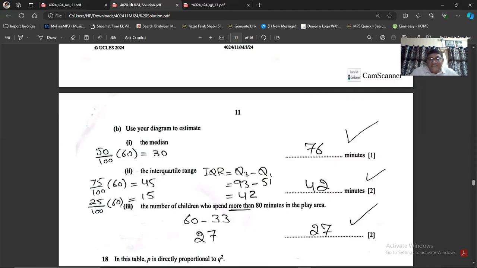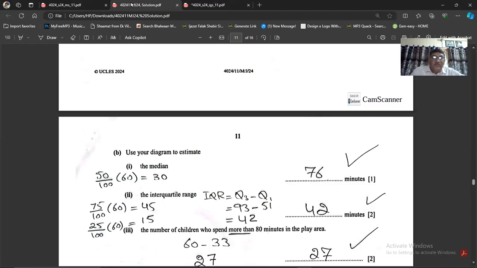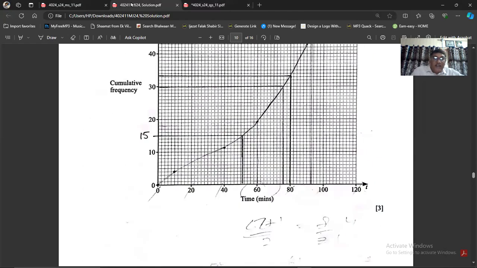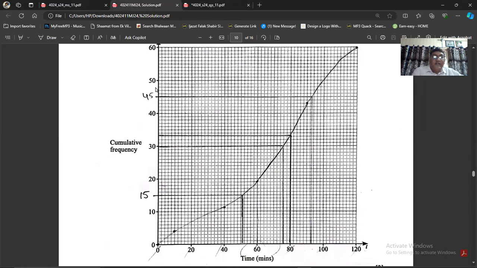So on the y-axis, I'm going to look for these values, 45 and 15. For 45, I will go to the graph and check the value here. It's something like 91, I think. For 15, I will go to the graph, and it is, I think, 51.